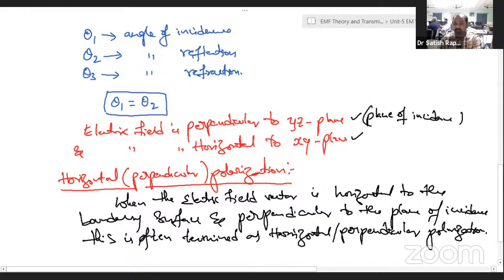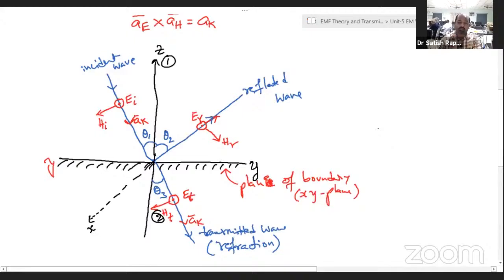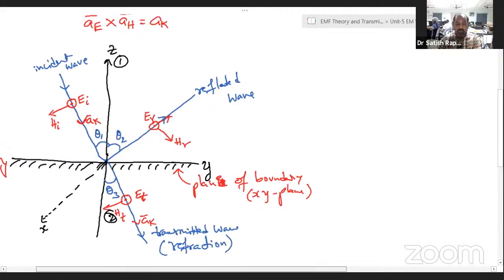So this is the plane of incidence, and this is the plane of boundary. So as shown in the figure, we can explain the horizontal or perpendicular polarization. So this is one type of polarization.